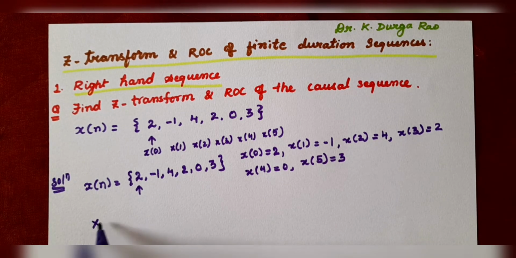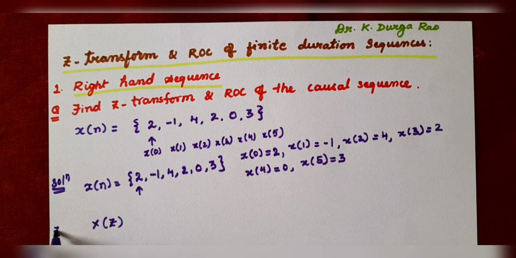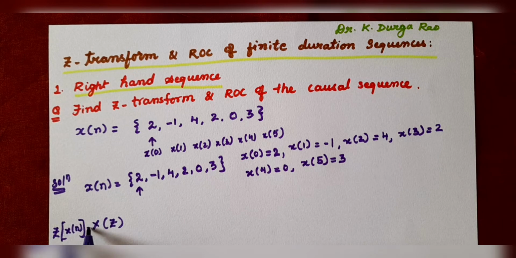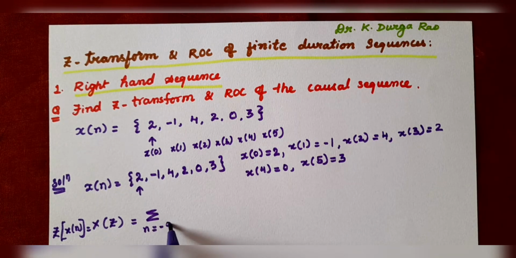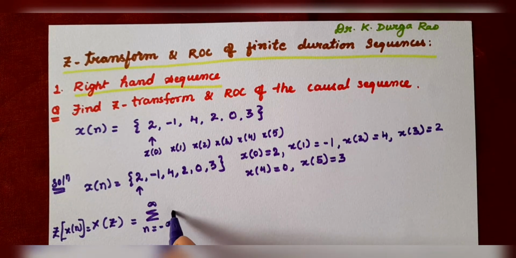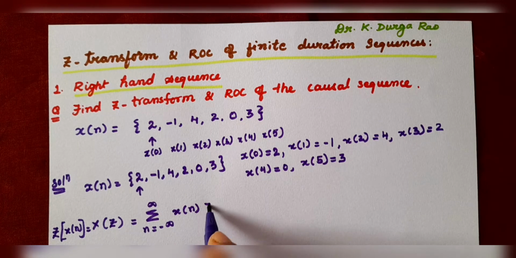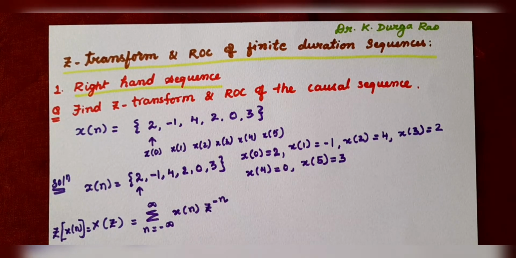What is the Z transform equation? X of Z, that is Z transform of X of n, is given by summation n is equal to minus infinity to infinity x of n z to the power of minus n.